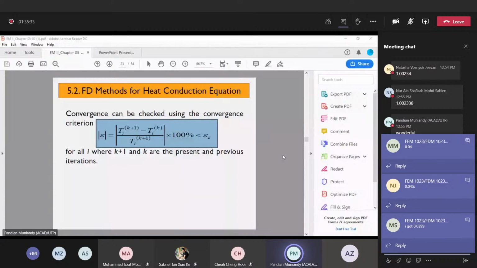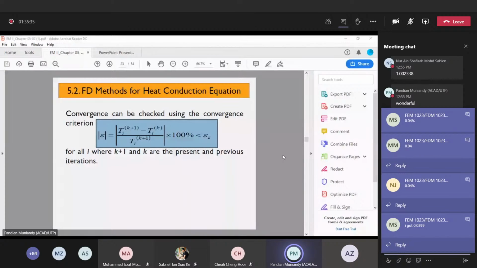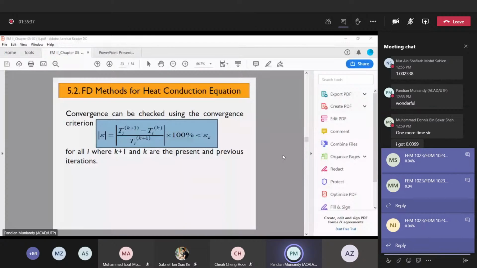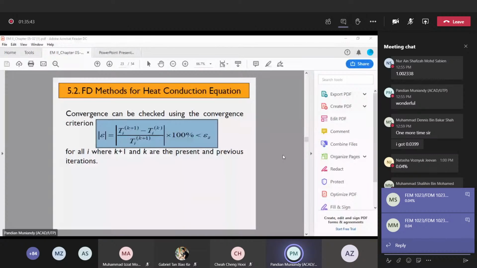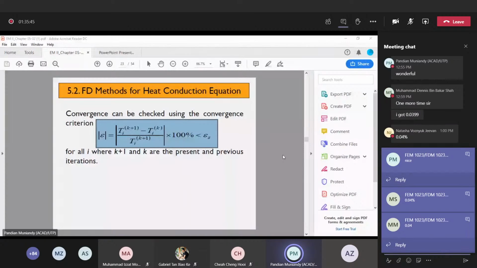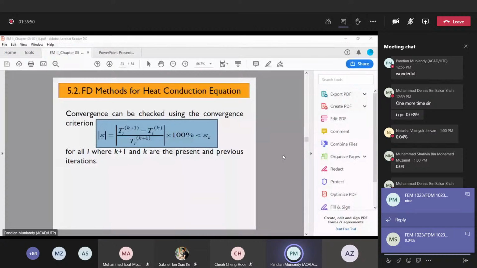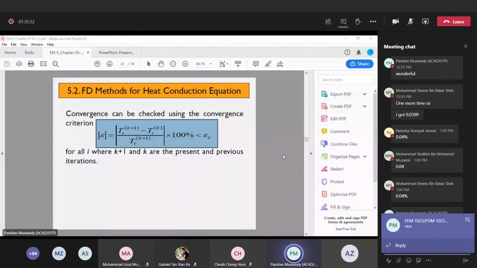Great. I got 0.04%. So that means it's very accurate. Very good. 0.04% is less than 1%. That means 99% accurate. Only for temperature 1, yeah?